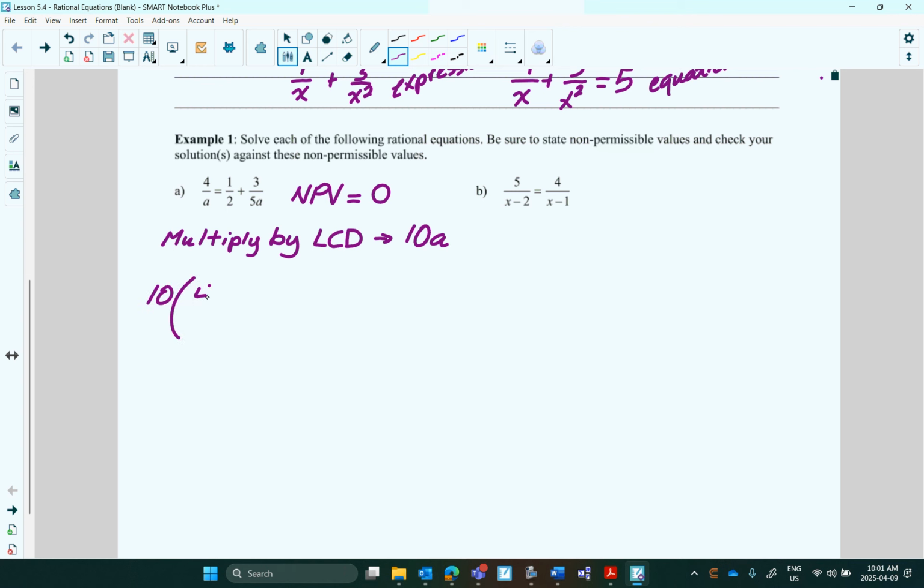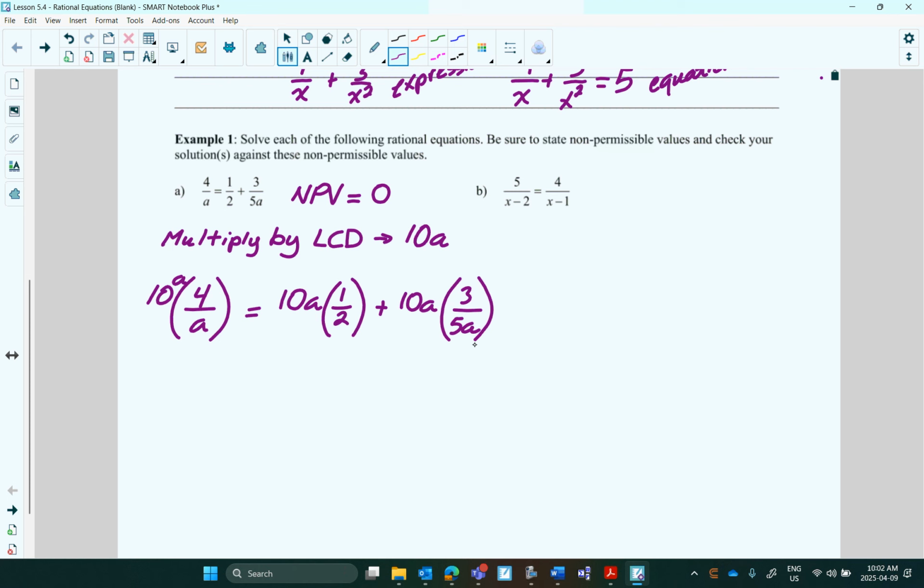Everything gets multiplied by 10A. A times 2 plus 10A times 3 over 5A. And then we do the same reducing that I showed you when we did that rational equation with just the numbers in the denominator.